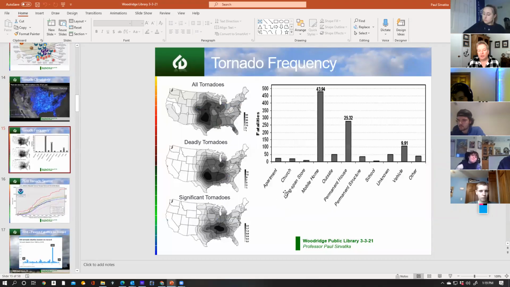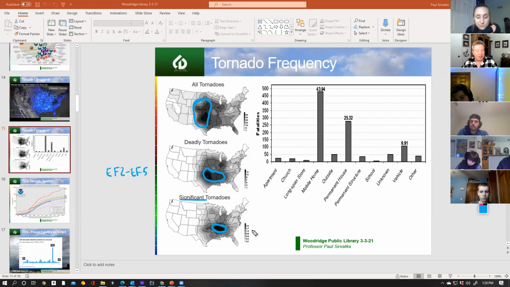When we look at all tornadoes, I know that you probably think, isn't Tornado Alley this area here? And yes, that's definitely where an abundance of tornadoes are. But when I start looking at the deadly tornadoes, notice it shifts over here. And when I look at significant, that would be EF2 to EF5, which are the strong and violent tornadoes, look where it's maximized.